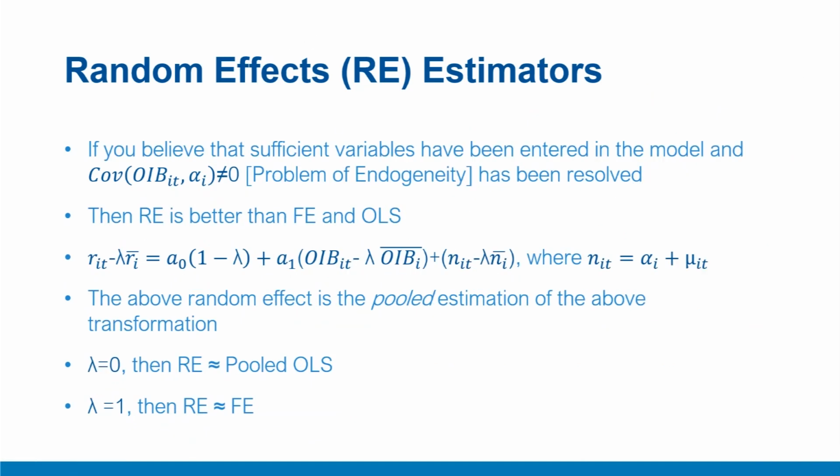And therefore, if you believe that either you have the model very well specified so that sufficient variables have been entered in the model, so this endogeneity problem has been resolved, that means essentially this covariance is equal to zero, or for that matter you have reason to believe that alpha is very small, then RE is better than FE and OLS and FD as well.